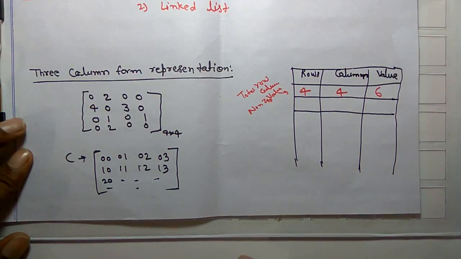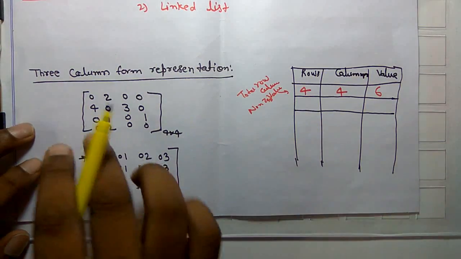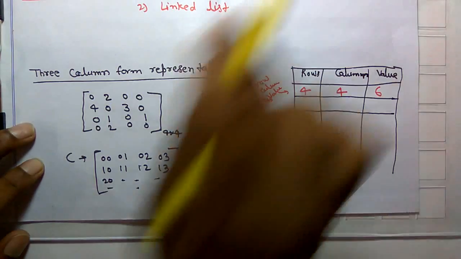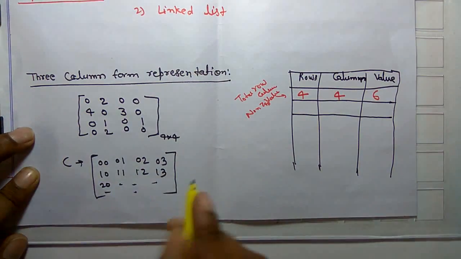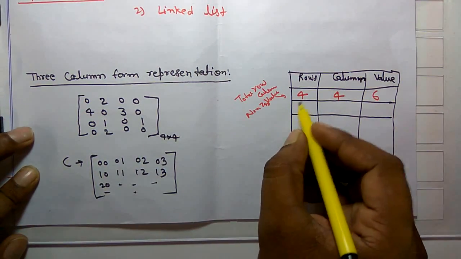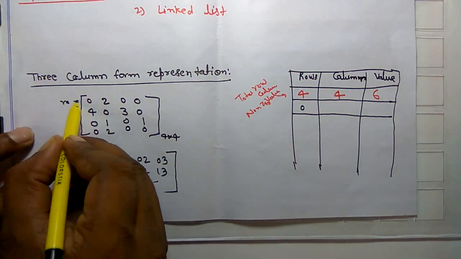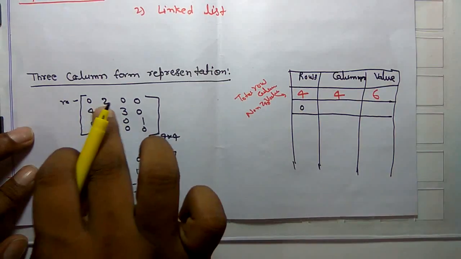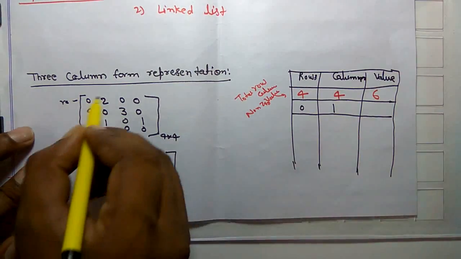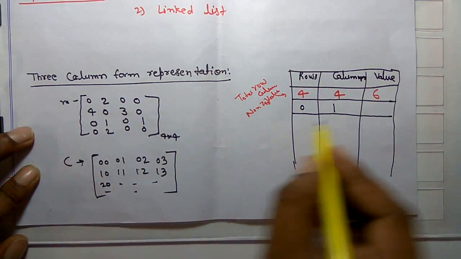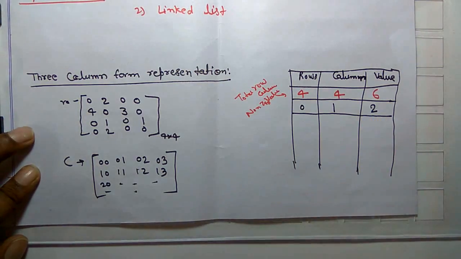For 3 column representation, we consider only non-zero values. In row 0, at column 1, the value is 2.